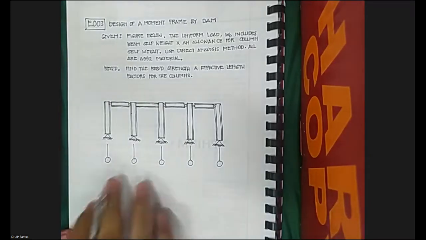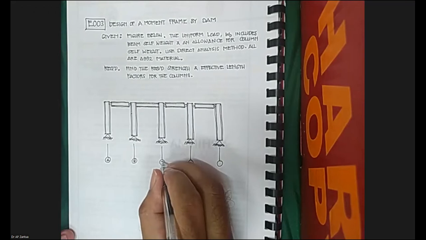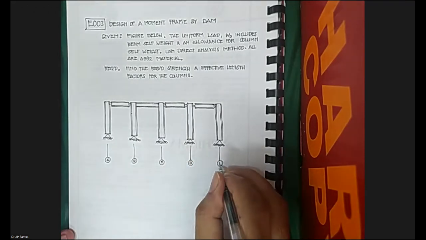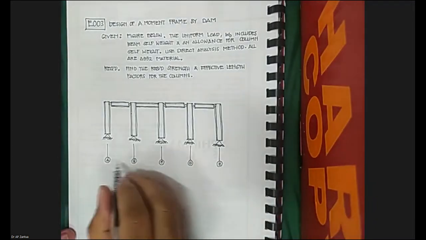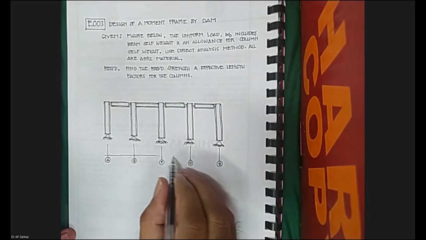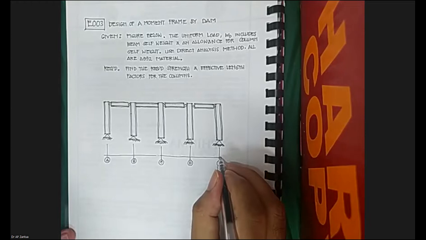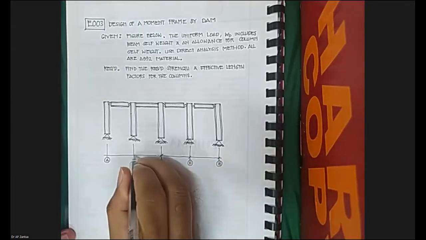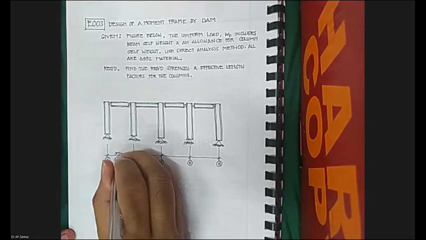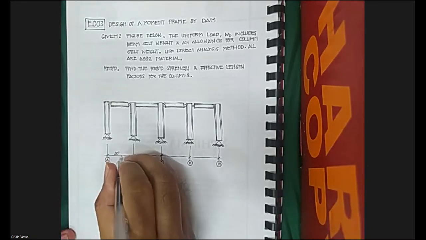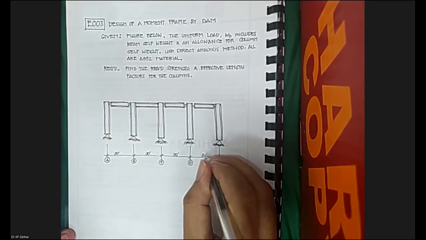For the vertical grid, we will label letters A, B, C, D, and E. Also, we can use the grid to reflect the dimensions. We have 30 feet, 30 feet, 30 feet, and 30 feet.